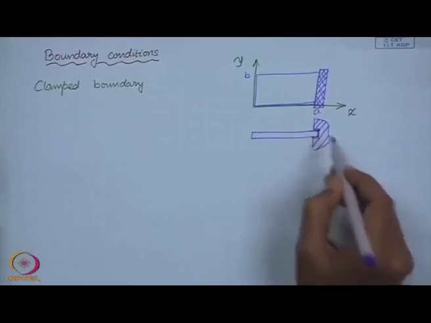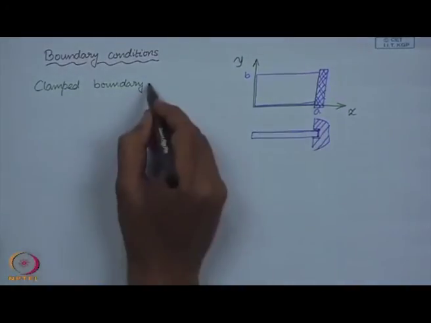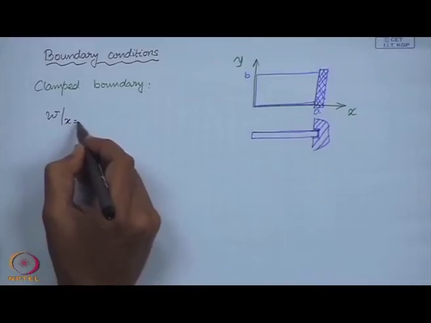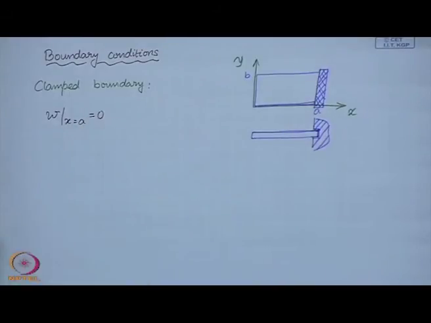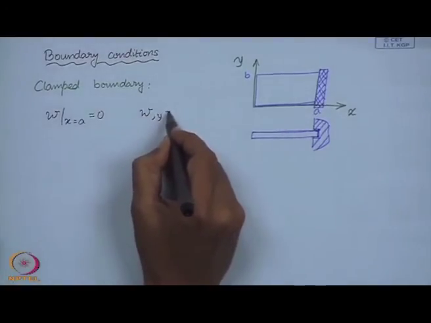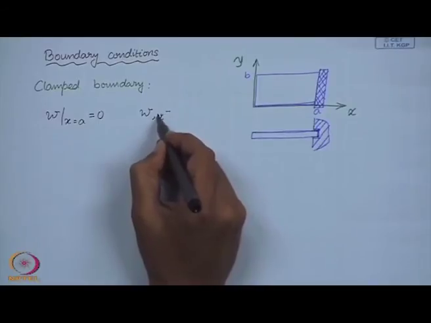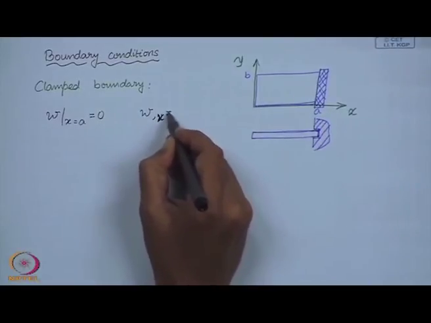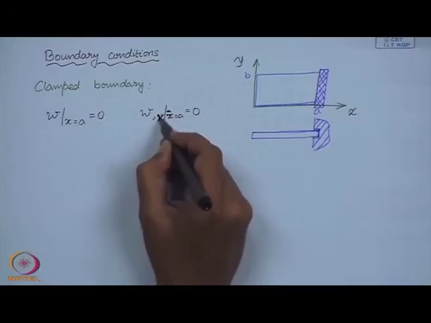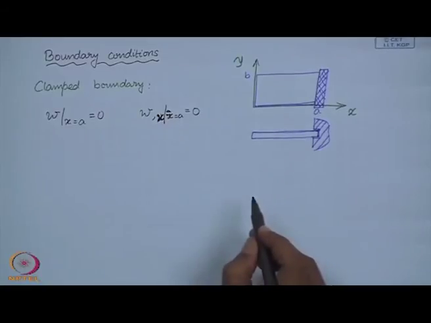If the boundary is clamped, this is actually quite simple, then the displacement must be 0, and of course, the slope must be 0.